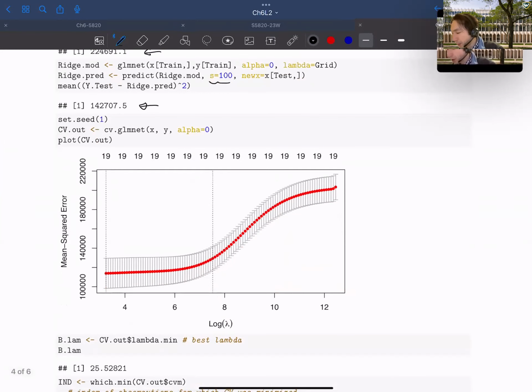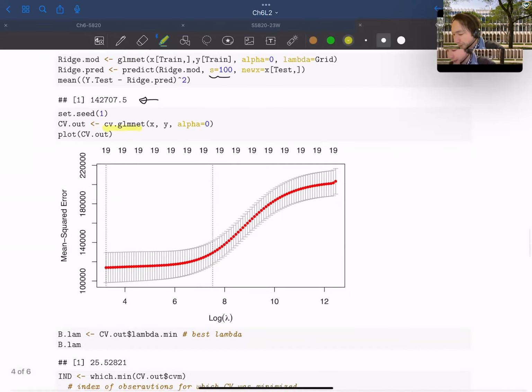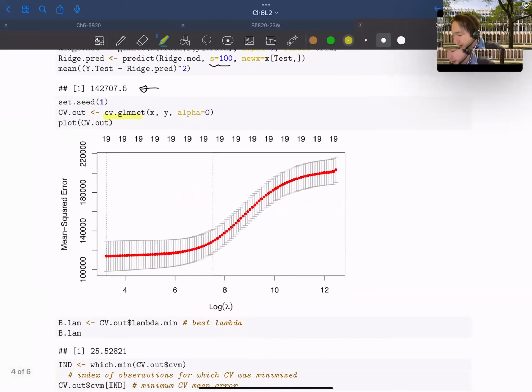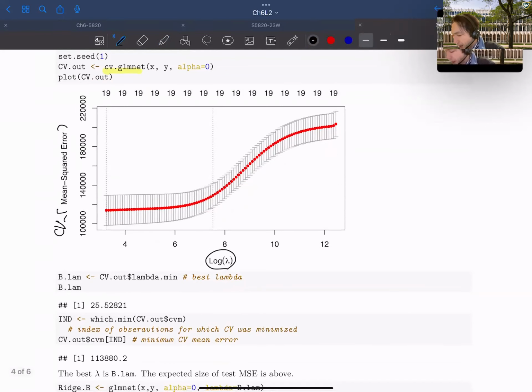Now we want to optimize lambda, and this is actually done by an automatic procedure, cv.glmnet. By cross-validation, we calculate the expected mean square error, the cross-validated mean square error by value of lambda. Here, this is the optimal lambda.